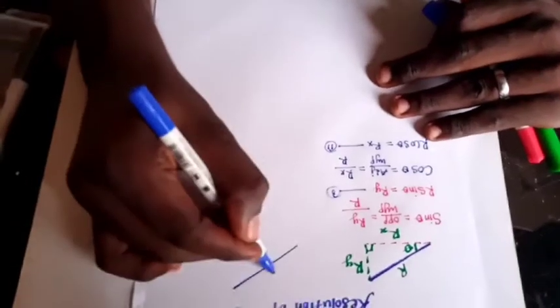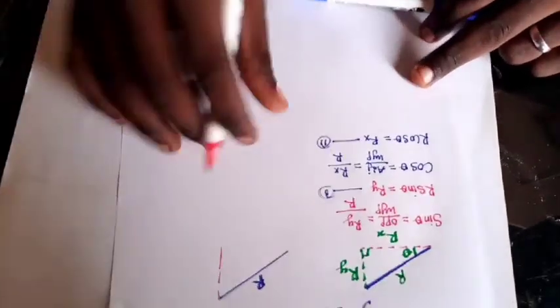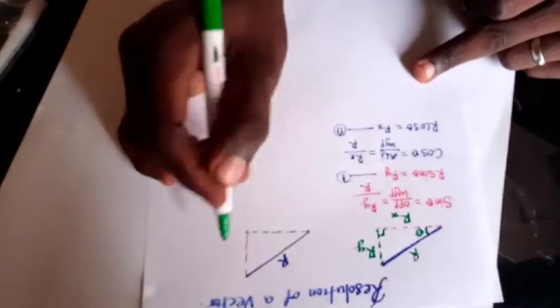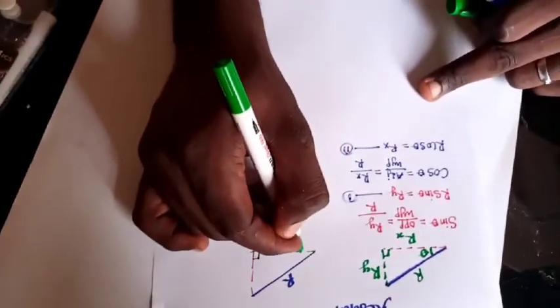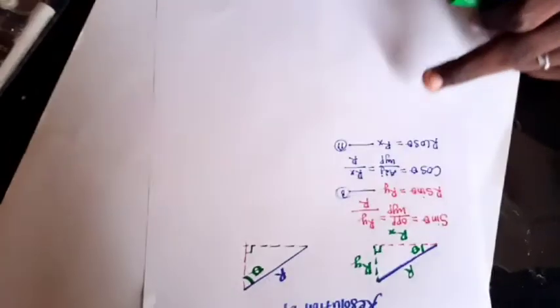Let's take for instance that when R wants to make an angle, it's going to have support vertically and it's going to have support horizontally. So if this is the support horizontally, so here will be angle 90. Now, instead of making an angle with this horizontal, it's now having an angle with the vertical.